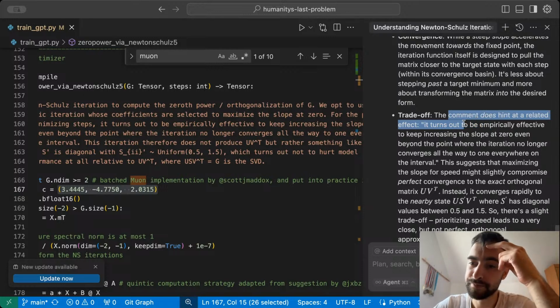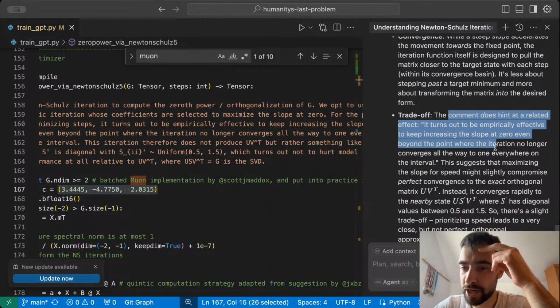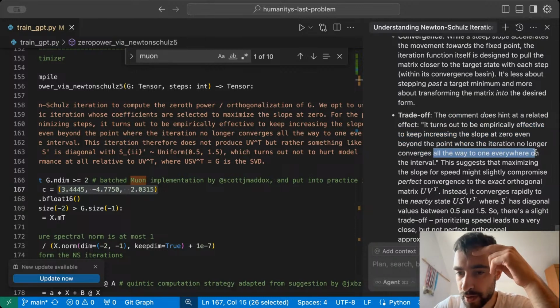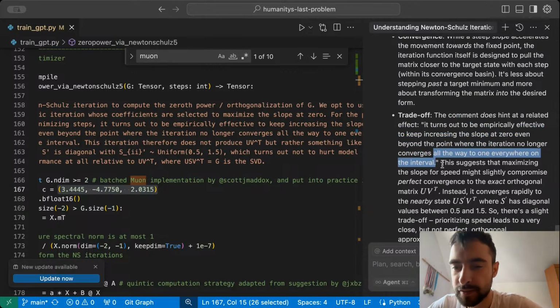It turns out to be empirically effective to keep increasing the slope at 0 even beyond the point where the iteration no longer converges all the way to 1 everywhere on the interval. I don't know what this says.